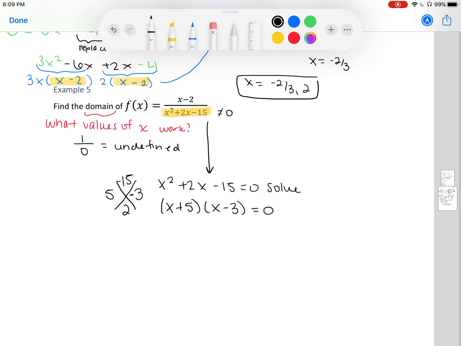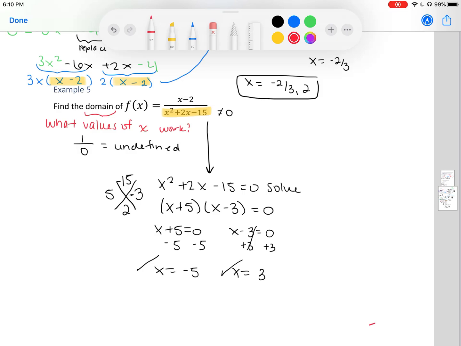So we set each one equal to 0. We get x is negative 5, and we get x is equal to 3. So we have these two answers, and what's the problem? The problem is whenever x is those numbers, I get an undefined value in the bottom.